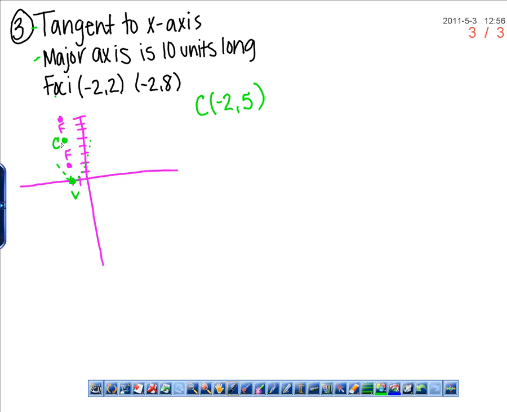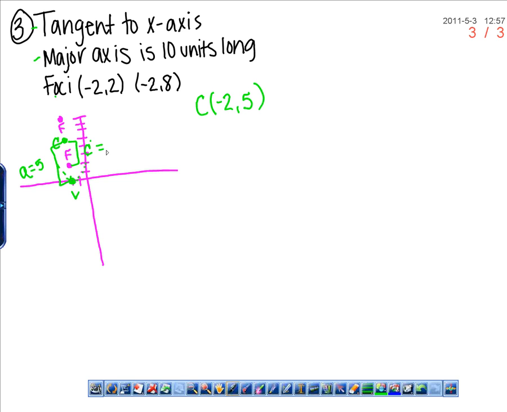What does that tell us about my A value? A equals 5. Do we know B? No, but can we find it? All right. What is C?